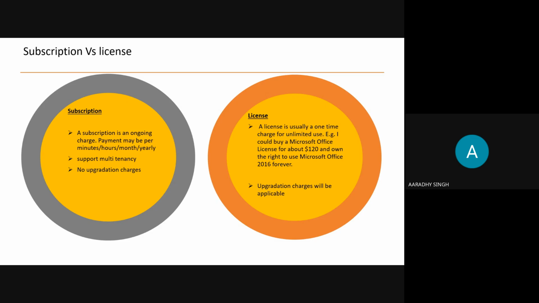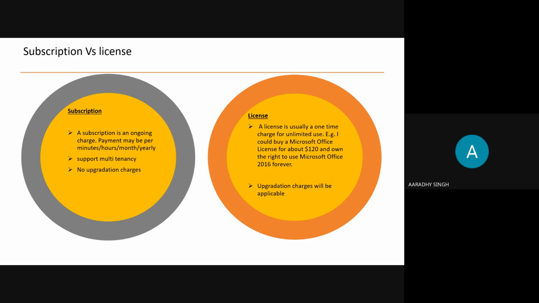Okay, so guys, again repeating: one is the subscription, second is the licensing. 99% of services are working on the subscription model, like API Management, Service Bus, Event Hub, Event Grid, Data Factory, VM, IP address, NIC, network, load balancer, Traffic Manager, whatever the services, almost all work on the subscription model.